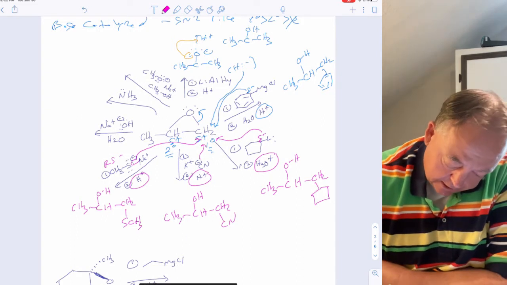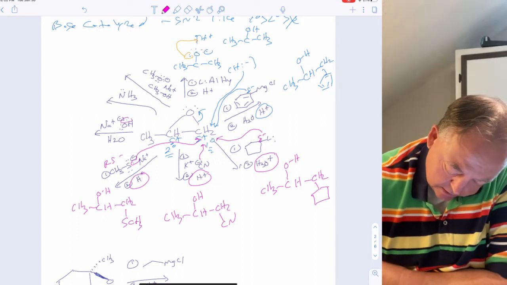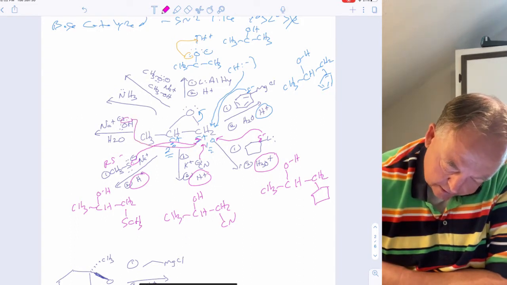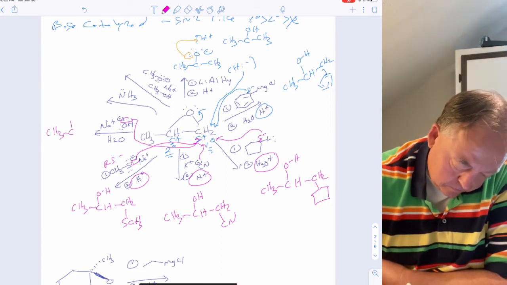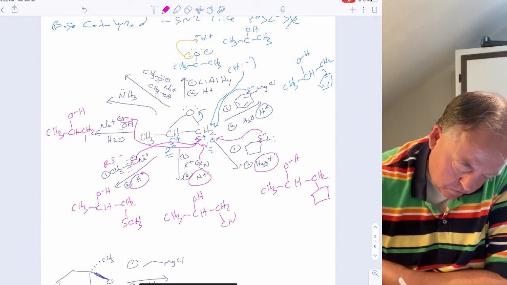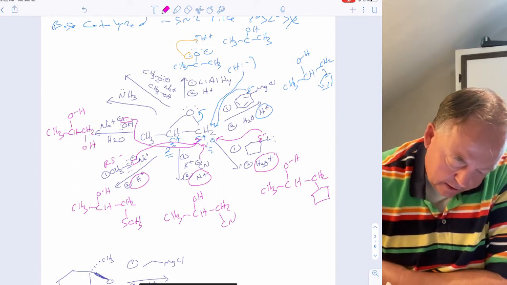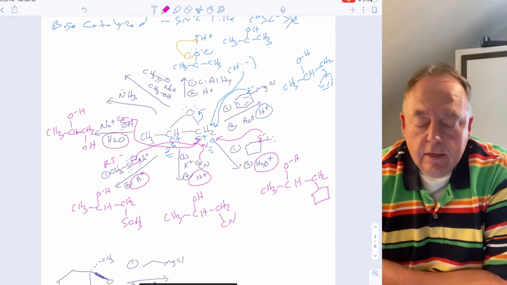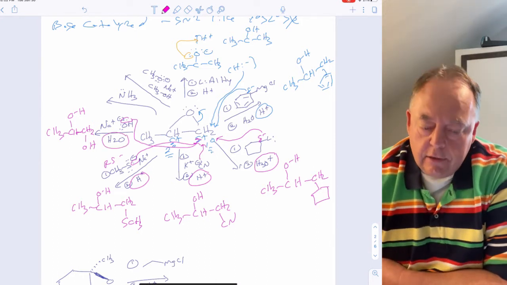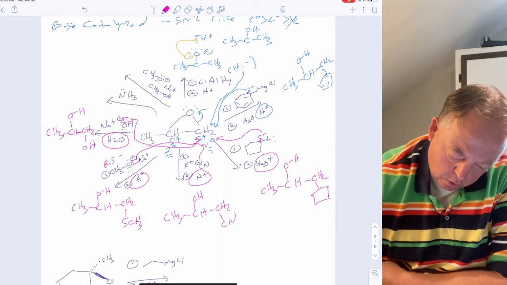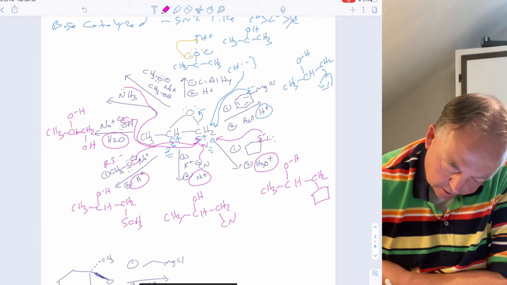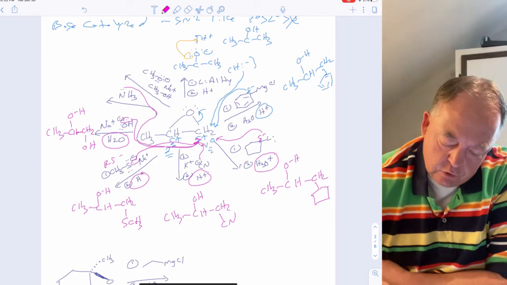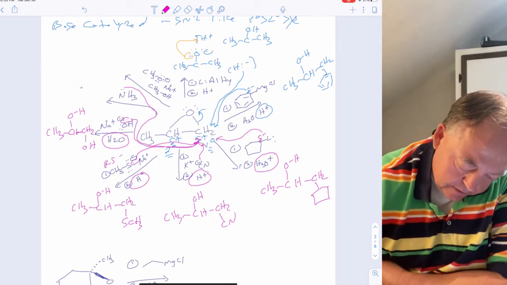Okay, if it's hydroxide, so OH- is the nucleophile, it would attack this carbon and open the epoxide. So the O- would pick up a hydrogen from water, so you would remake hydroxide in that reaction. Or if it's NH3, then nitrogen, sorry, it's getting a little cluttered now, but nitrogen attacks CH2, opens up the epoxide.